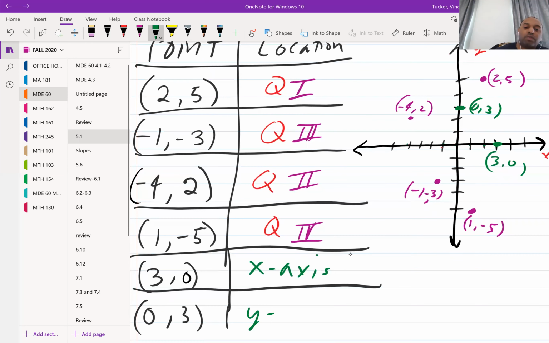And that's sitting on the y-axis. All right, any questions?